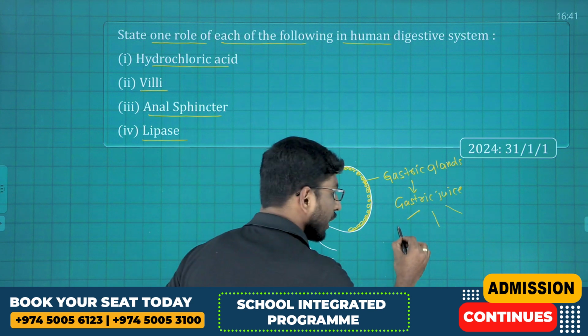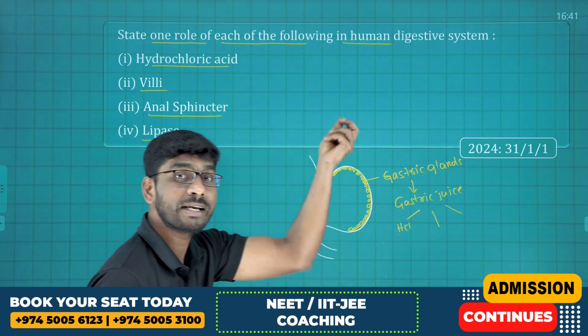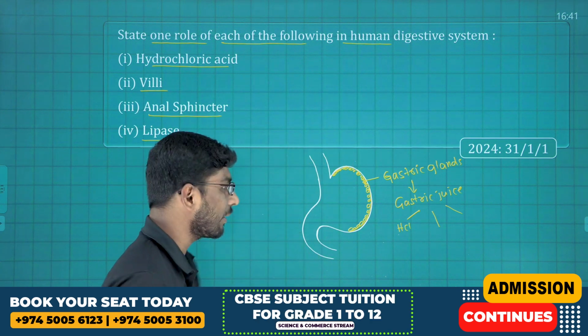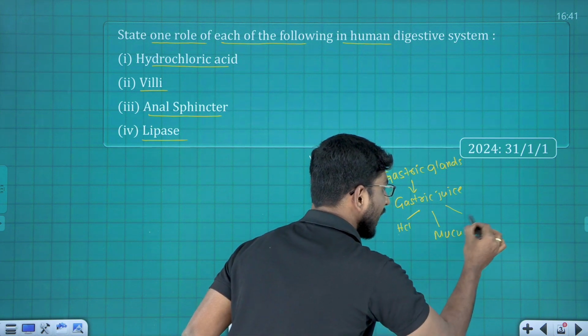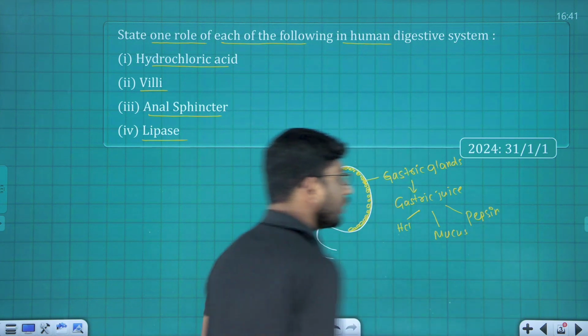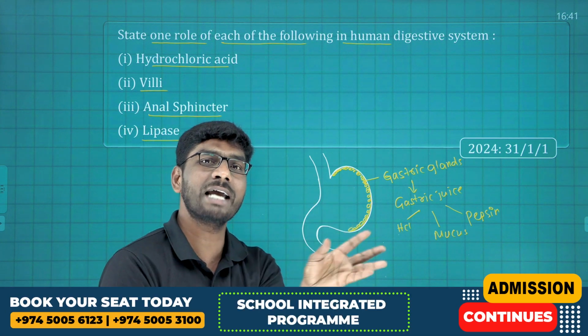Number 1, HCl, hydrochloric acid. High concentrated HCl is there, that's why there is an acidic medium in the stomach. Number 2, mucus. Number 3, the last one is the protein digesting enzyme called pepsin.